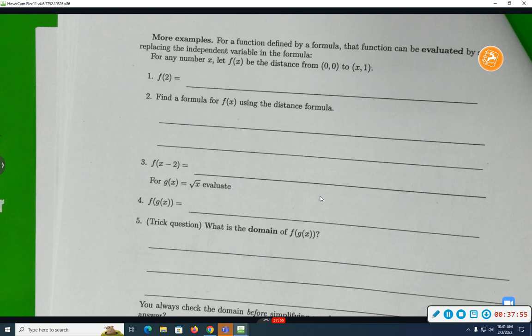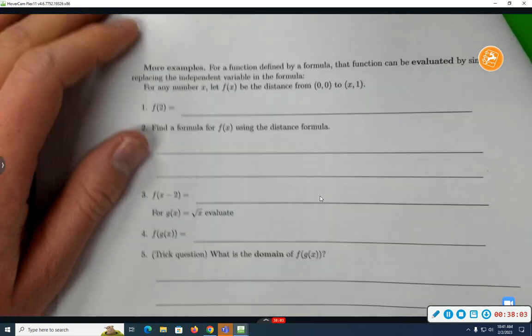And let's see that in practice. Plug in x equals 2. Tell me, what is f of 2? So I'll write it down in words. This is a verbal description function.